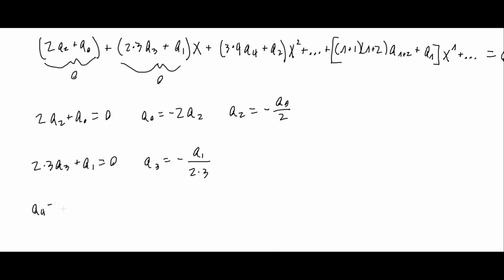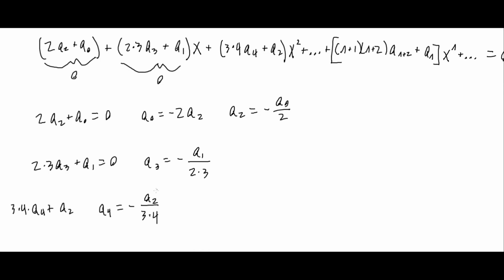so that will be a sub 4, which we have right there with 3 times 4 out front, plus a sub 2. Then we can get that a sub 4 is equal to minus a sub 2 over 3 times 4.